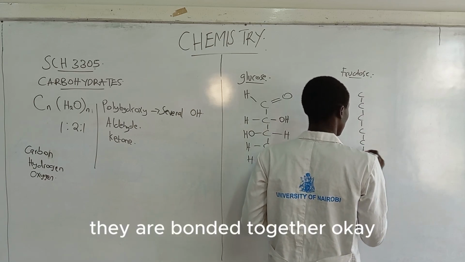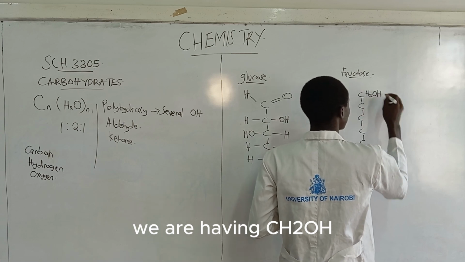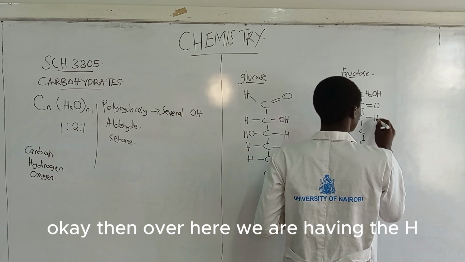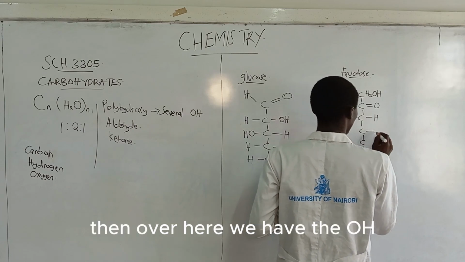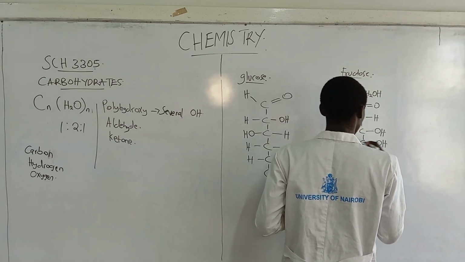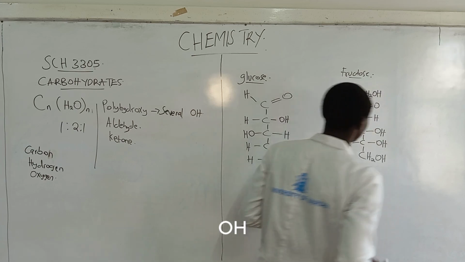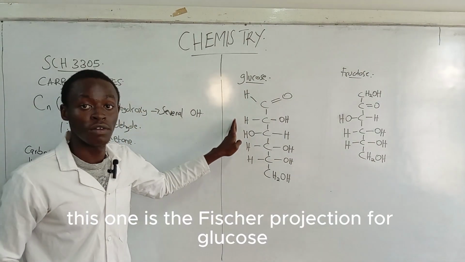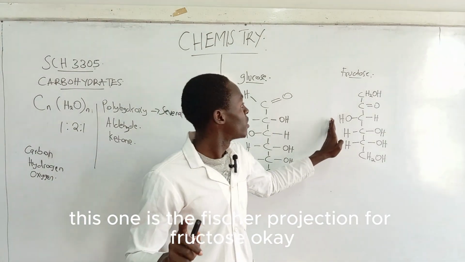The first one is CH2OH, then we have a double bond to an oxygen atom, and over here the H, then the OH, then OH, H, OH, and the H, and CH2OH. Now, this one is the Fischer projection for glucose, and this one is the Fischer projection for fructose.